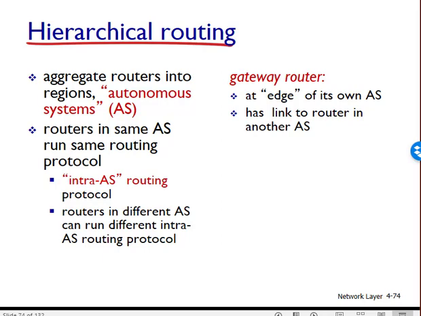The routing algorithm running within an autonomous system is called an intra-autonomous system routing protocol. It's necessary, of course, to connect autonomous systems to each other. So one or more of the routers in an autonomous system will have the added task of being responsible for forwarding packets to destinations outside the autonomous system. These routers are called gateway routers.